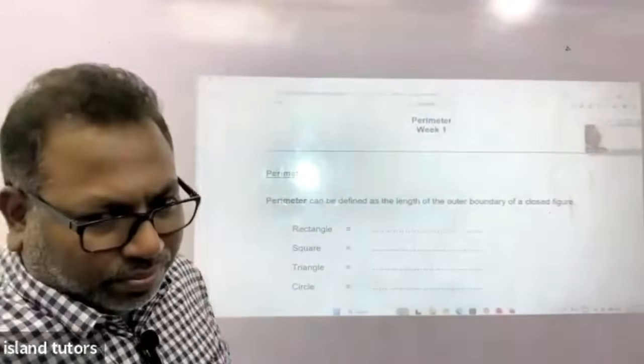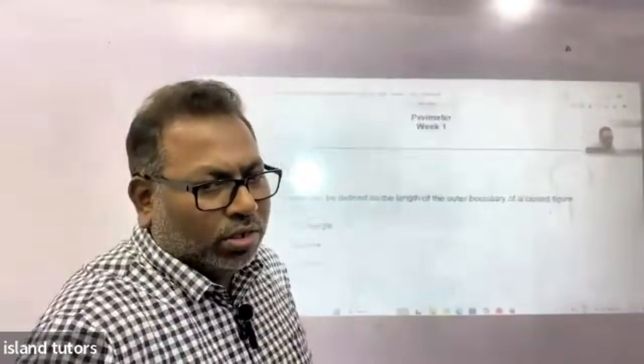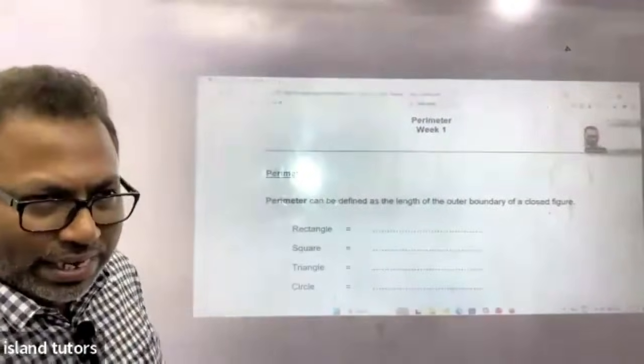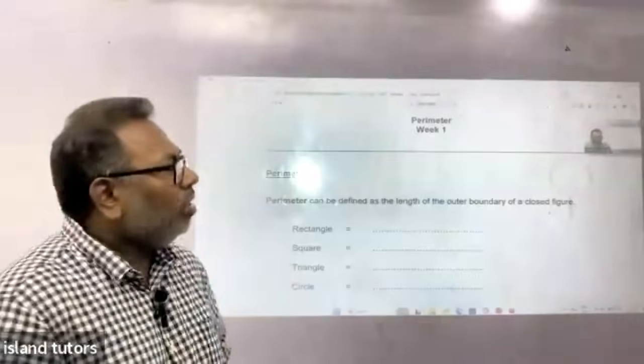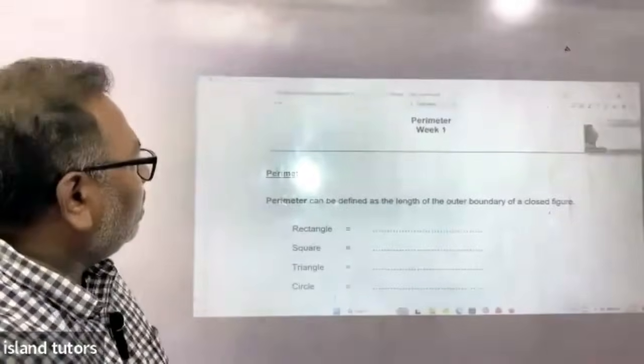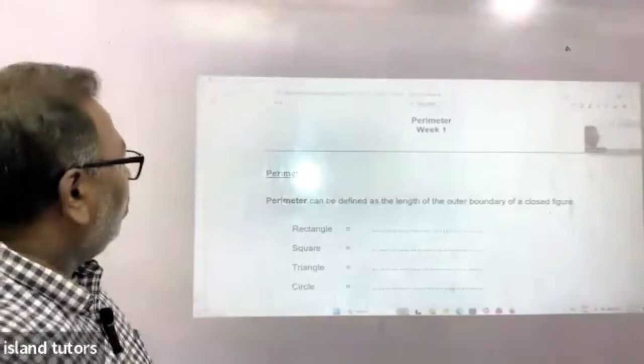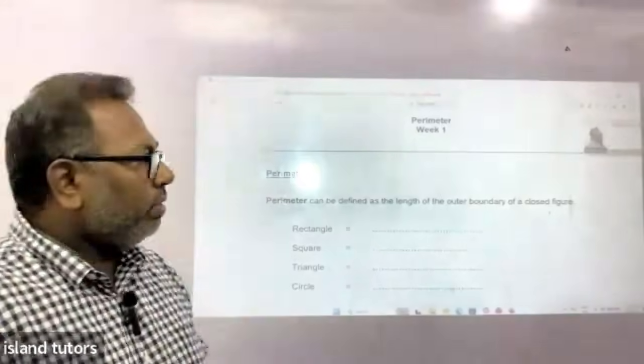Perimeter, week 1, first lesson. So what is perimeter? What does perimeter mean?